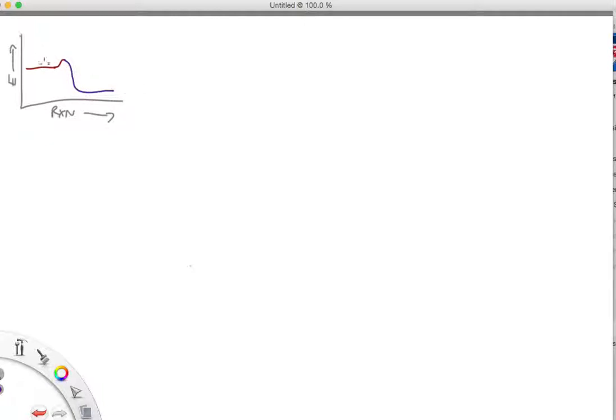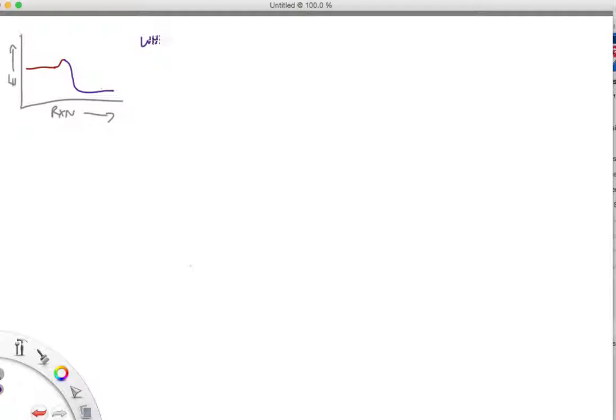So up here are the reactants, down below is the products, just in terms of our reaction progress. Here the energy is higher in the reactants than the products.